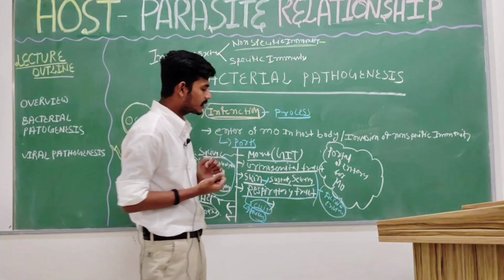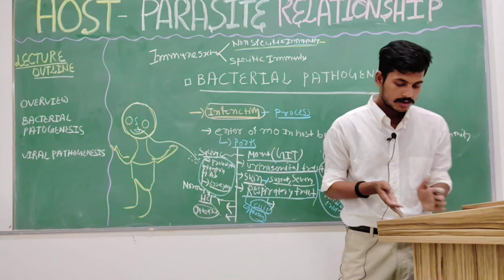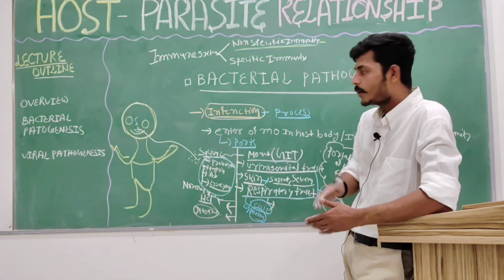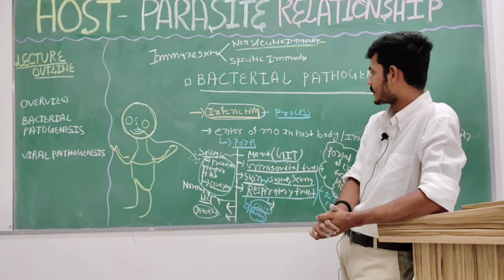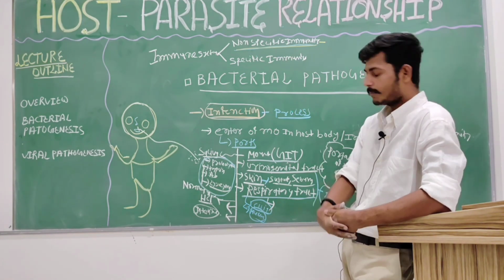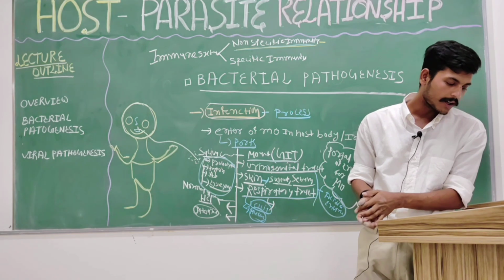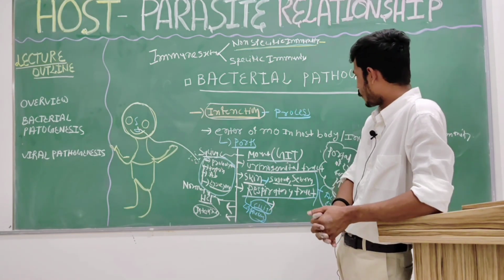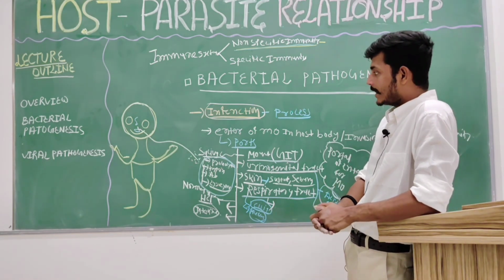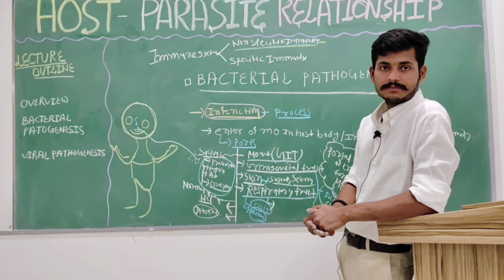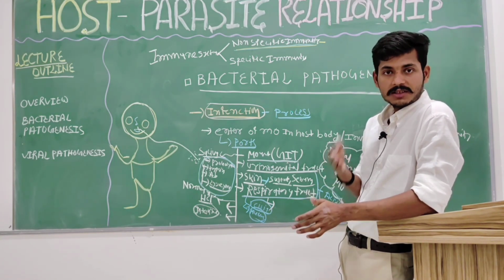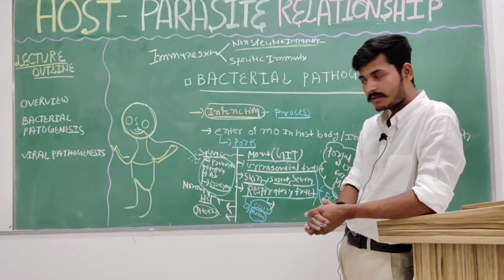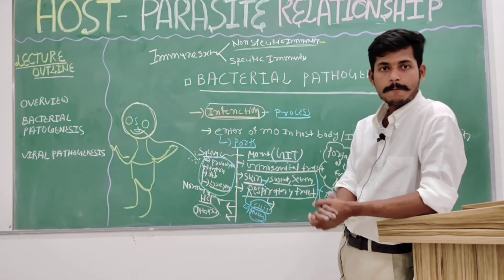Now we understood that if we talk about the first step of infection, that is the entry of the microorganism into the host body. This entry is opposed by the non-specific immunity, which is widely distributed in the host body, this person's body.